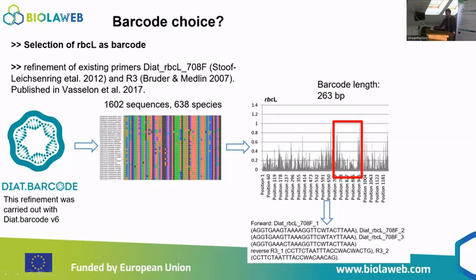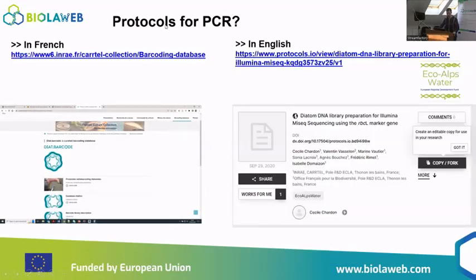If you want to do metabarcoding, we suggest to use these primers for RBCL. You can find protocols. If you really need to apply all that, we have protocols which are available for PCR, in French, on this website, which also presents a diatom reference library.